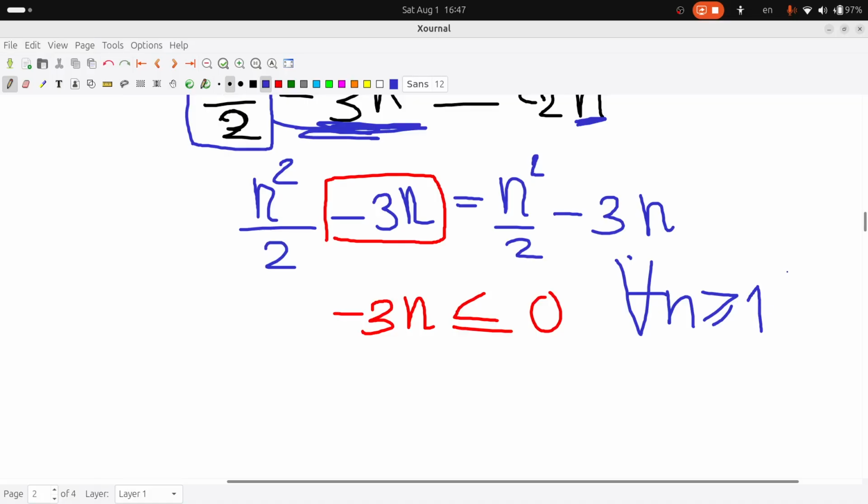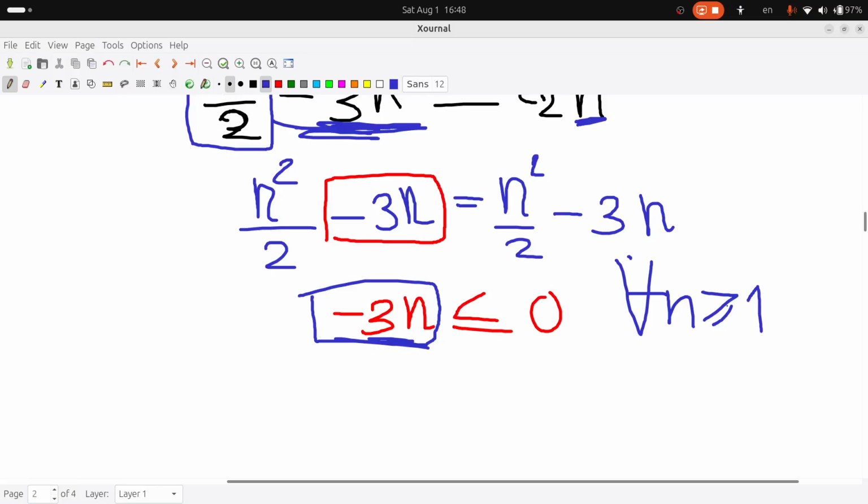That means because n is equal to 1, this one will be negative and absolutely less than 0. So this will always be true, because this one is negative at the same time for positive integer n.